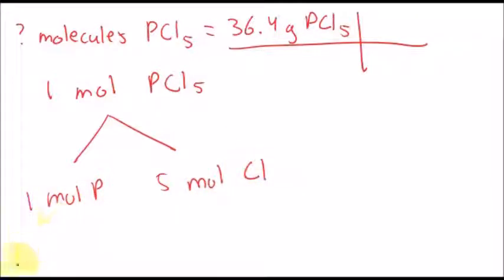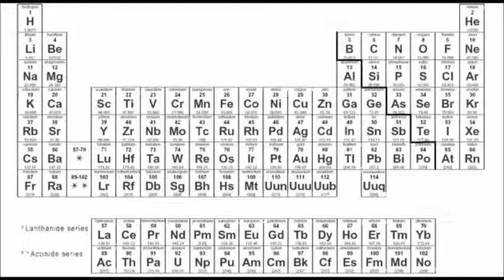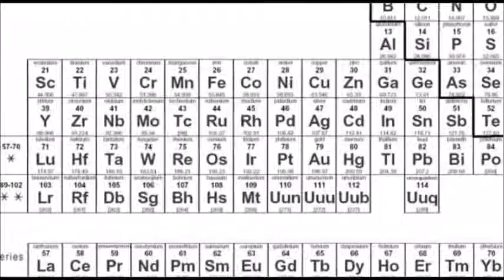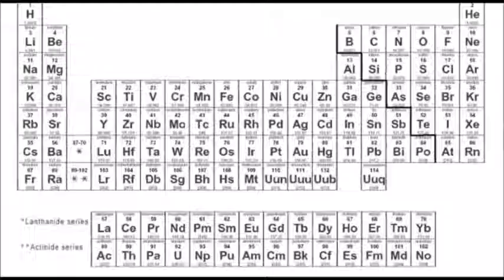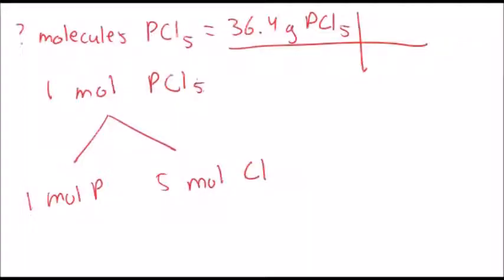So 1 mole of phosphorus has a mass of 30.97. Let me look here. I can zoom in here. I can't even see for myself. 30.974. Okay, so let me write that down here. 30.974 grams. 5 moles of chlorine.